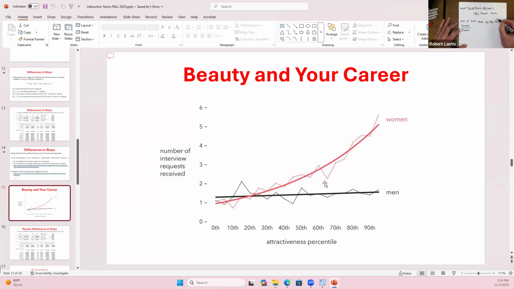Well, for males, this female dummy variable will be equal to 0. 0 times anything is 0, so just the coefficient on that linear term for looks is the marginal effect for males. Now for females, I take a derivative, it's the exact same thing, but now my dummy variable is equal to a 1.